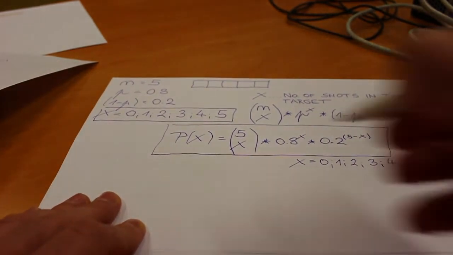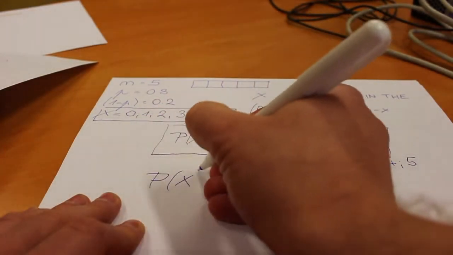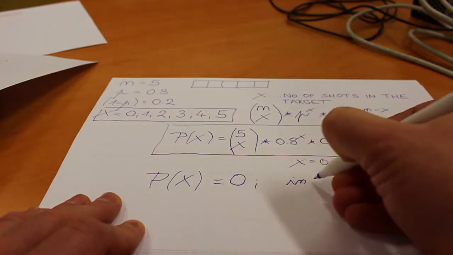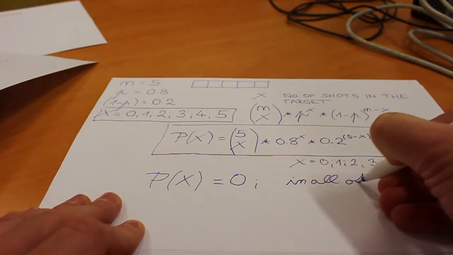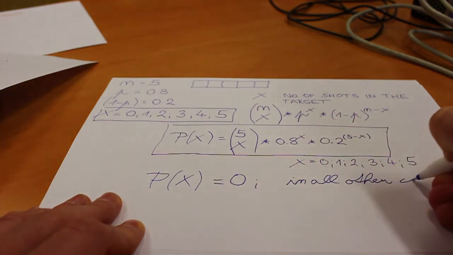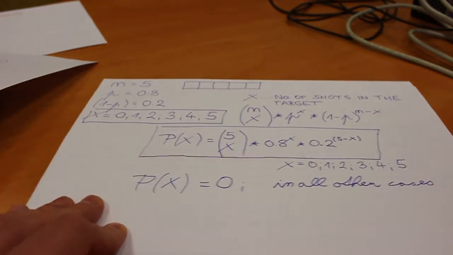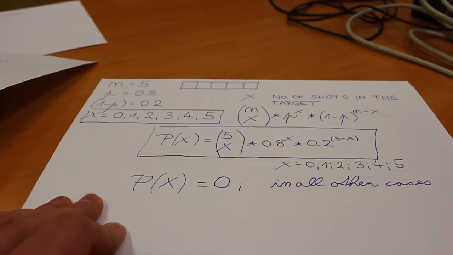And this probability function p(x) is equal to 0 in all other cases. So this is our general probability function.